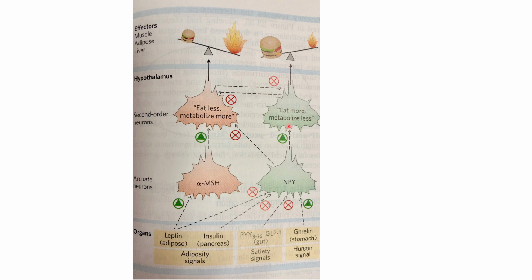Positive effects are illustrated by the upside or the green arrows. So there's a lot of feedback opposing interactions that occur with these substances: insulin, leptin, which are adipose tissue signals, hunger signals, and satiety signals mediated through GLP-1.